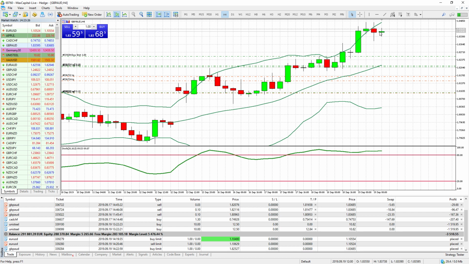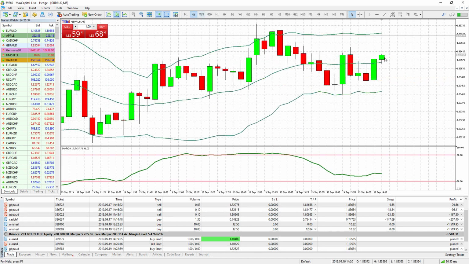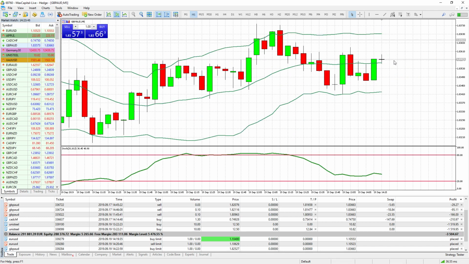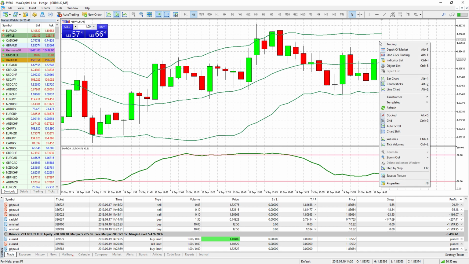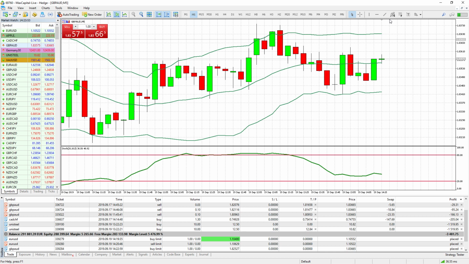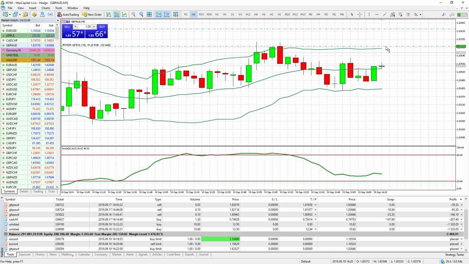For example, as I see the picture right now for GBP AUD, let us change our time frame to, let's say, 5 minutes. I took a look at the 4-hour chart and I saw that it might be a good opportunity to use the sell limit soon. So let us go about it. Let us use our sell limit at least at this point.